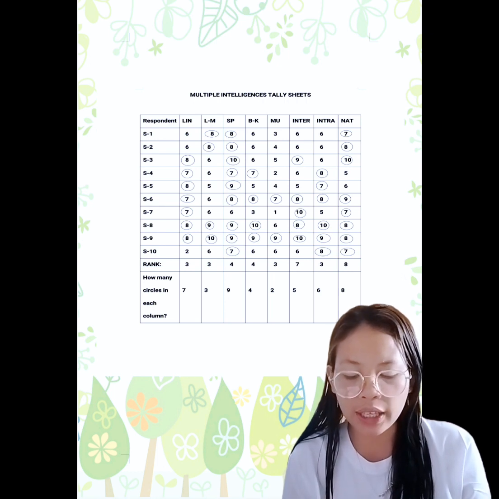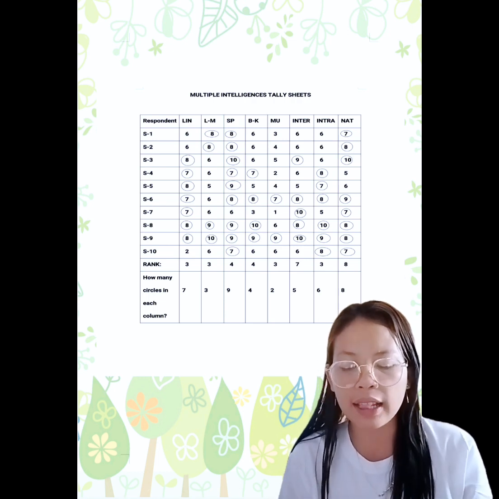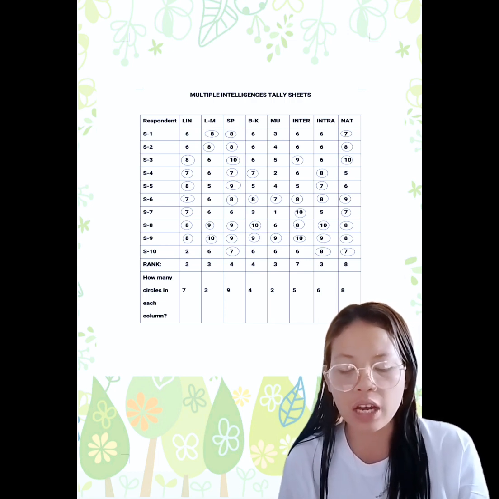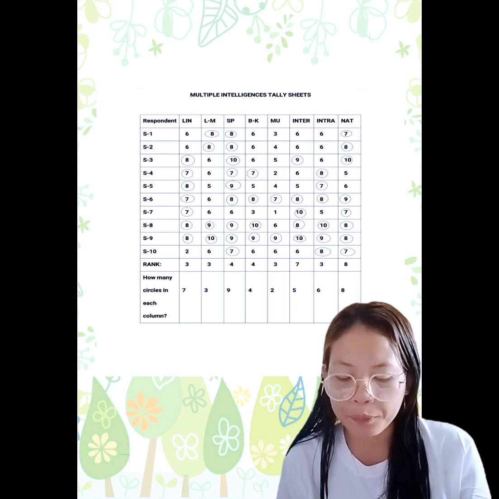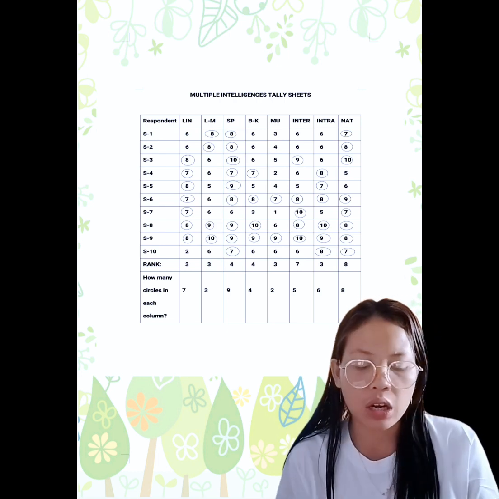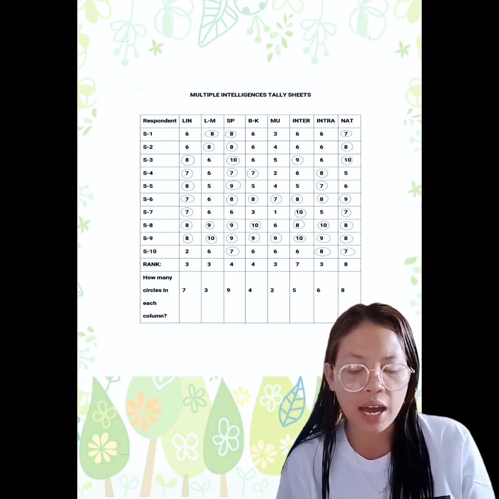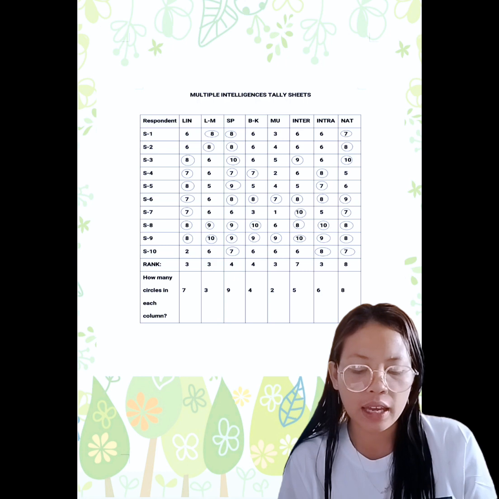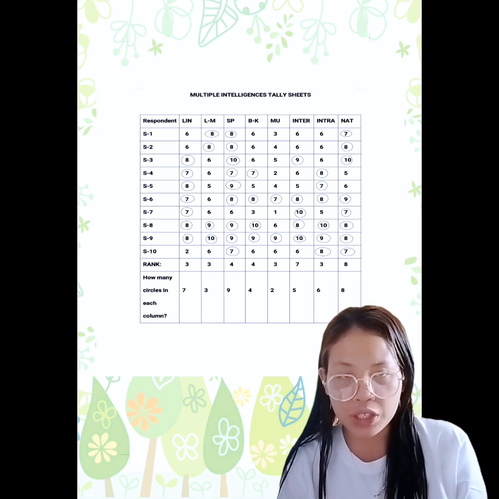Student 2 prefers naturalist, and also has a tie score with logical-mathematical. Student 3 is highest in spatial, followed by naturalist, then interpersonal, which is good to know.